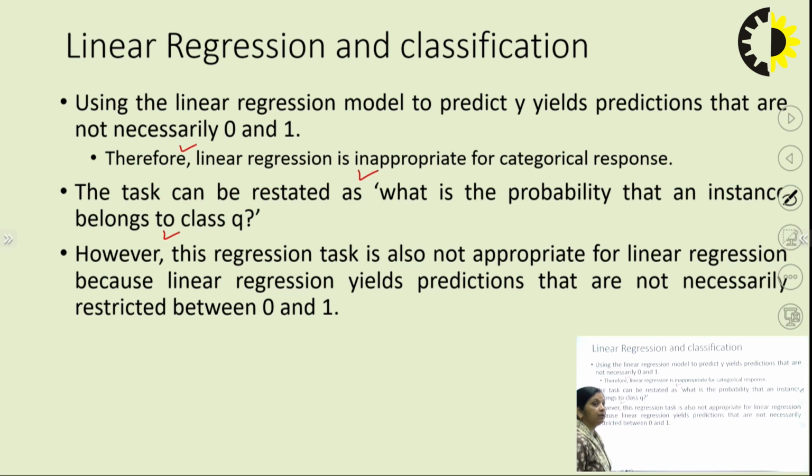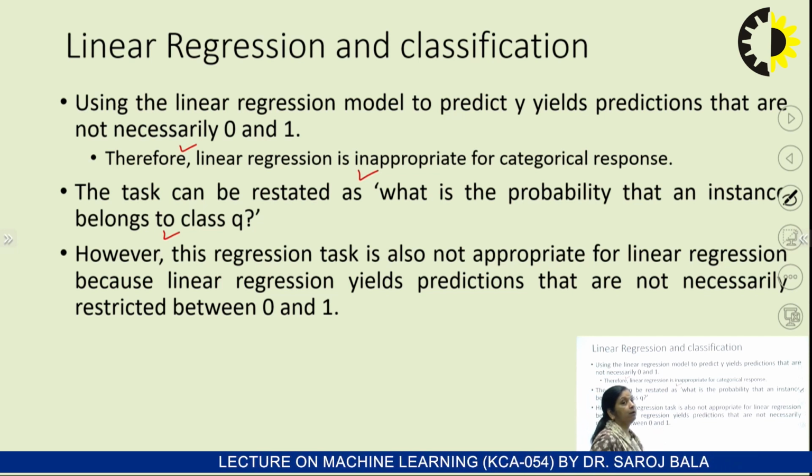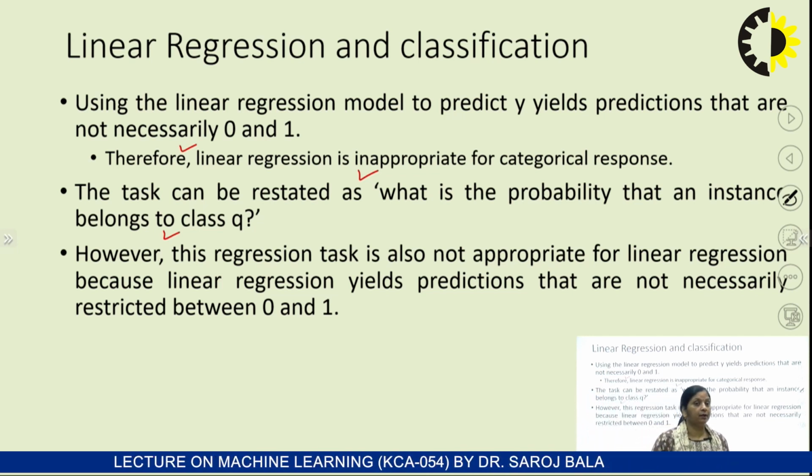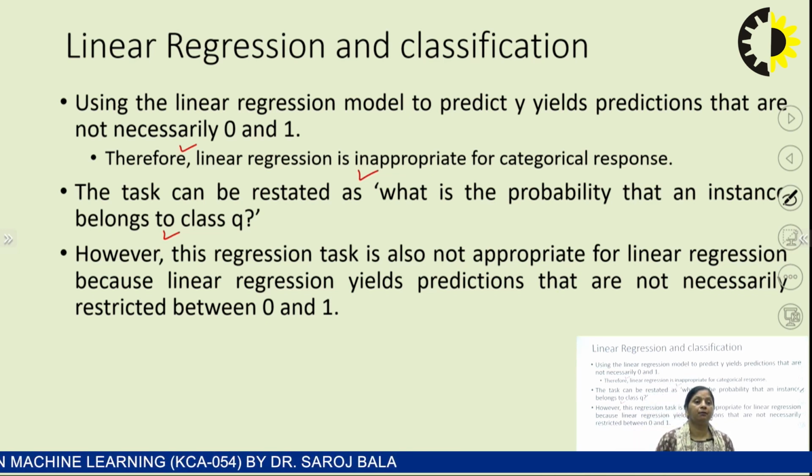So, we now have a real output, a continuous output. Can we use linear regression now? Another problem comes: linear regression can be applied to find the values, but it is not confined to values between 0 and 1, whereas probability is always between 0 and 1.